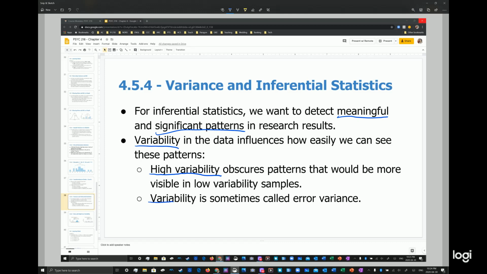And this variability is sometimes labeled as error variance, because we're talking about the spread of a distribution, be it population or sample, and the spread itself is individual differences. Some people score higher, some people score lower, most people score on the average.